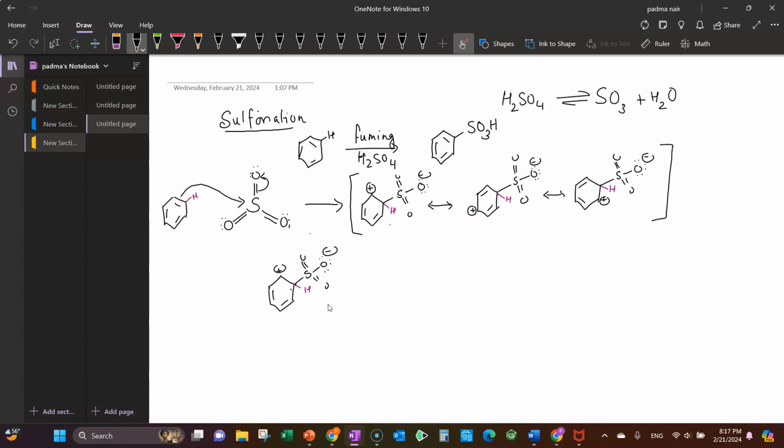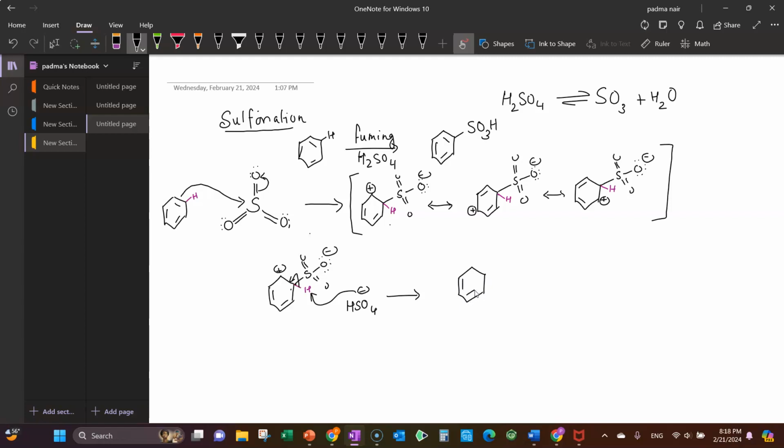Now, which one would be our base? The base can be the HSO4 minus when we remove the proton from here. So that HSO4 minus can be your base. Remove the proton, put the electrons back here to give back the aromaticity on the benzene ring.